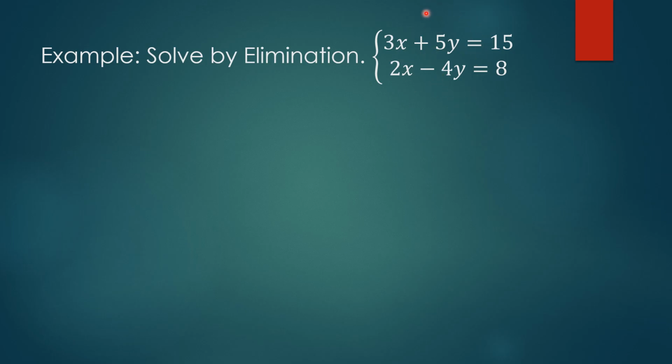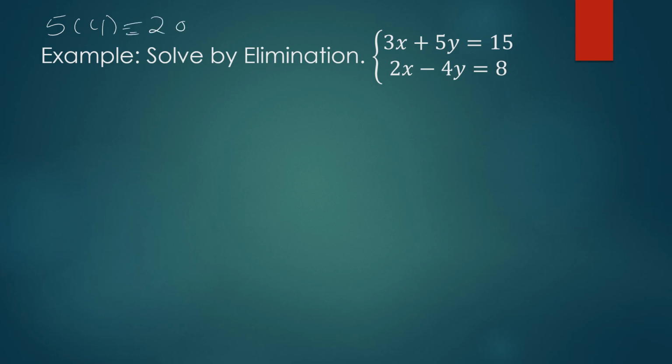But if I add them as is, positive 5 and negative 4 does not equal 0. I need to make it so that when I add them together, I get 0. So I think about what the common multiple is between 5 and negative 4. Well, we know that 5 times 4 is 20.